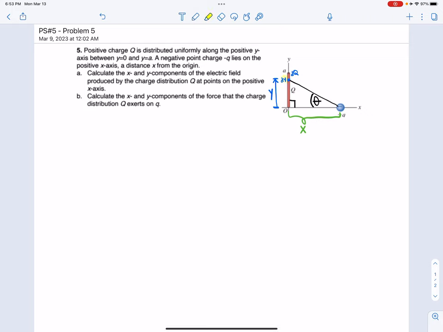Because this little dy or this little dq charge emits an electric field on this guy, right? On that location.